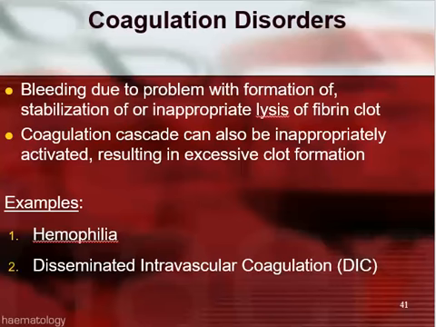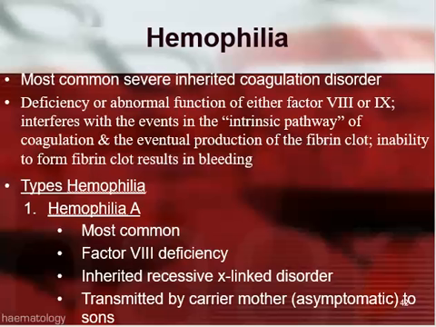The two disorders that we're going to talk about in some level of detail are hemophilia and disseminated intravascular coagulation, DIC. Now, hemophilia has a couple of different forms, but they're inherited.